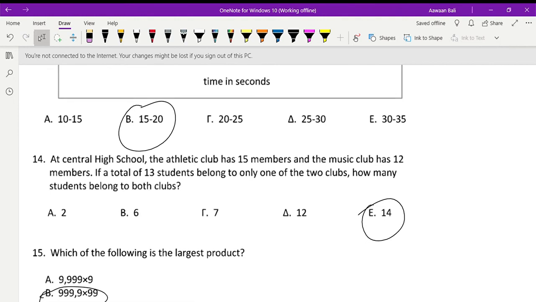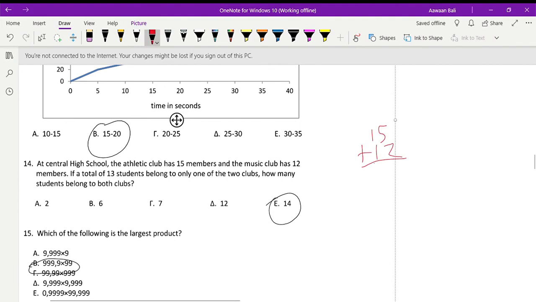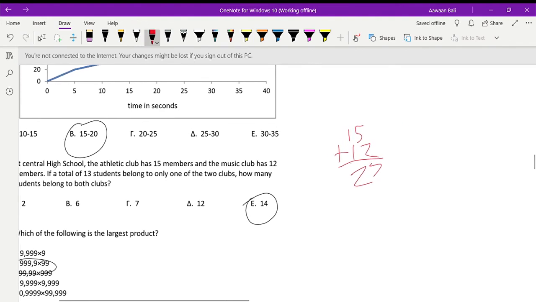Question number 14. At the Central High School, the athletic club has 15 members and the music club has 12 members. If a total of 13 students belong to only one of the two clubs, how many students belong to both clubs? This is easy. So first you have to find the number of members. So 15 plus 12 is 27. So there are 27 members.